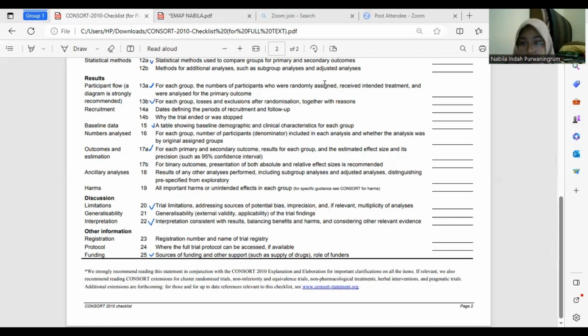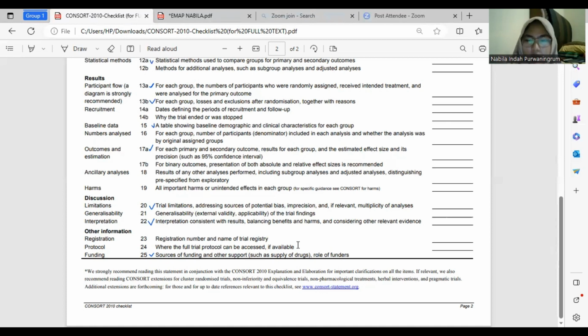So it can be accessed by anyone, and we could minimize problems at the end of the day. Unfortunately, it's still not stated in the full text, but you can see it in the abstract.